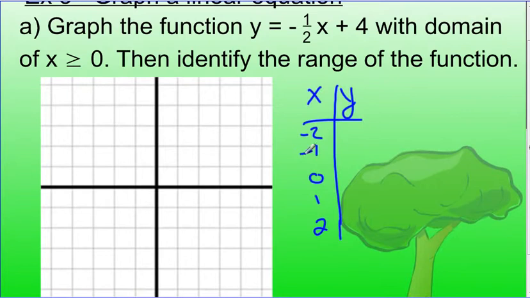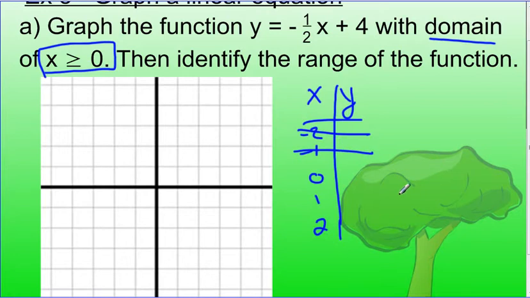I like numbers around 0 because it makes it easy to do the math with. Oopsie, but I guess I'm not paying attention. It says with a domain of x values bigger than 0, which means these guys, I can't even do them. I'm not allowed to have things less than 0. So it has to be 0 and bigger.